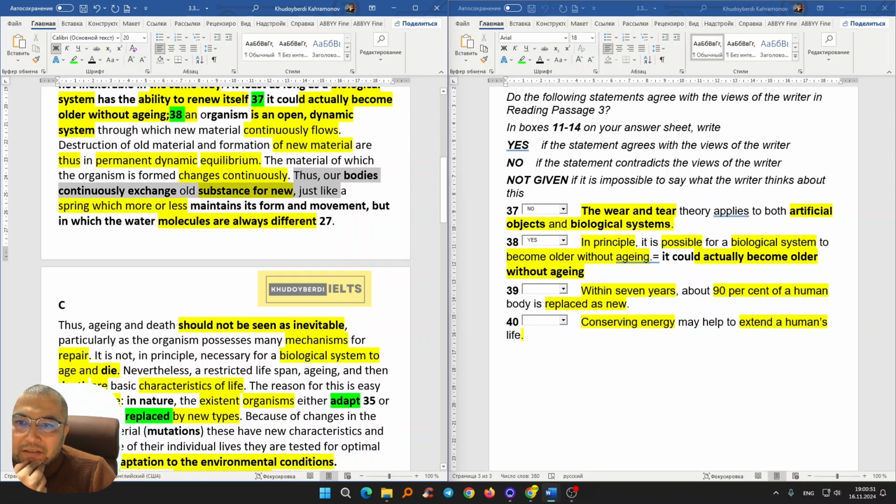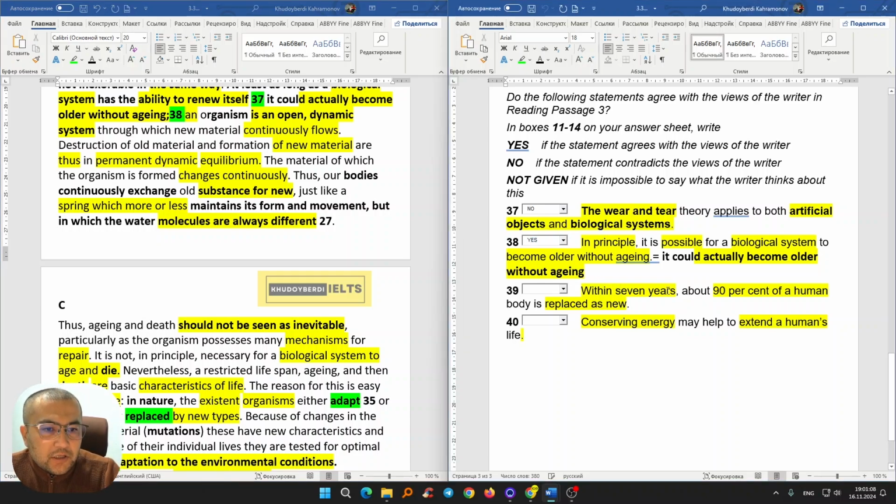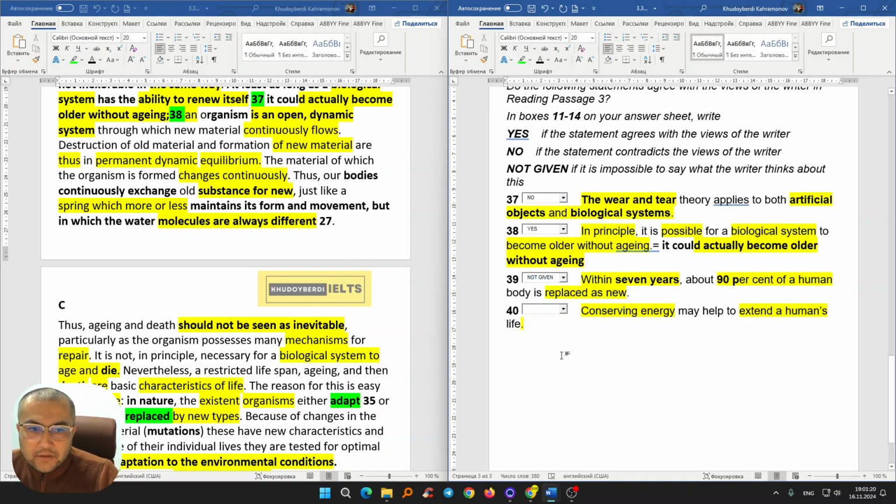This statement could be related, but it's not contradicting the information. It's not talking about 7 years, it's not talking about 90%. So we don't have numbers here, and of course it's no information, not given. Okay.